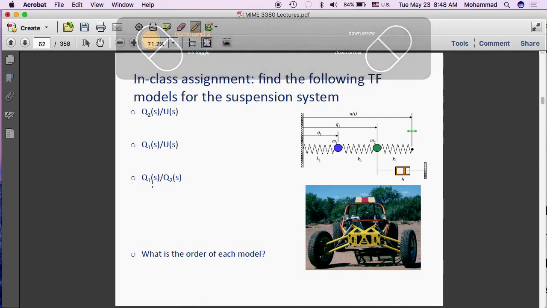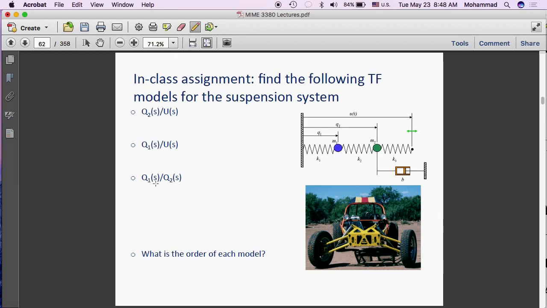This first transfer function tells you, as the road profile changes and the road roughness comes in as an input, what is the displacement of the second mass, this mass. The second transfer function relates the road roughness to displacements of mass 1, and the last one relates the displacement of the 2 masses to each other.